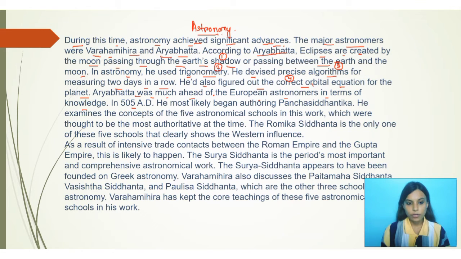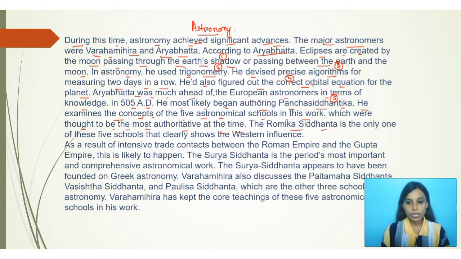In 505 AD, he most likely began authoring the Panchasiddhantika. This is another point that you can include. He examines the concepts of the five astronomical schools in his work, which were thought to be the most authoritative at that time.